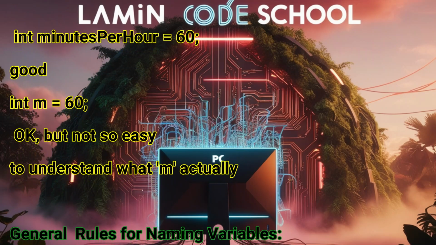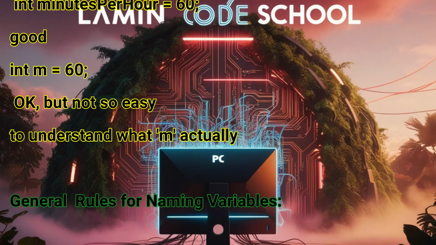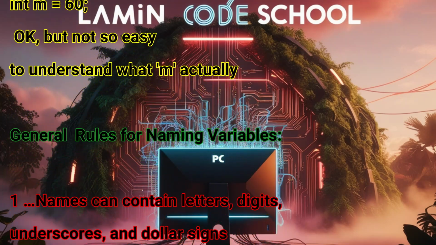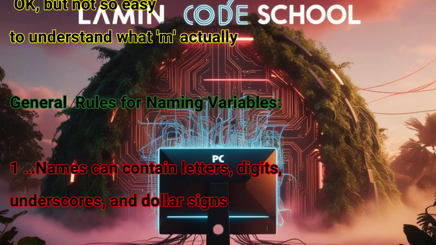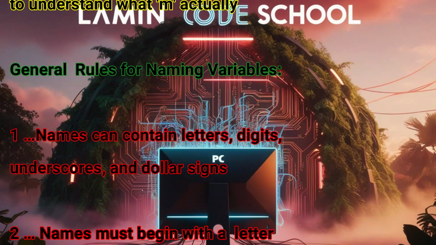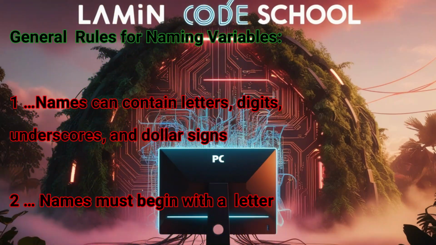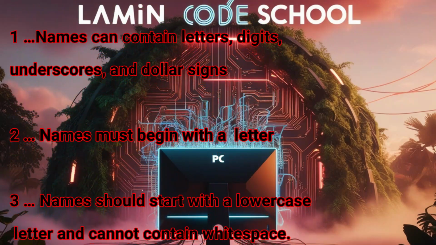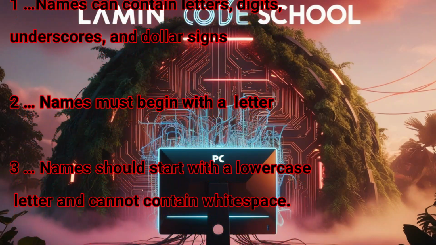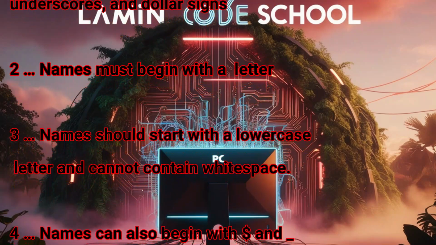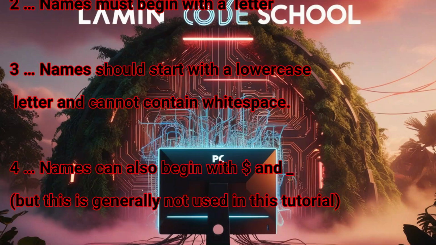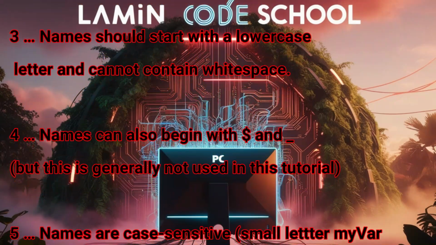General rules for naming variables. 1. Names can contain letters, digits, underscores, and dollar signs. 2. Names must begin with a letter. 3. Names should start with a lowercase letter and cannot contain white space. 4. Names can also begin with $ and underscore, but this is generally not used in this tutorial. 5.